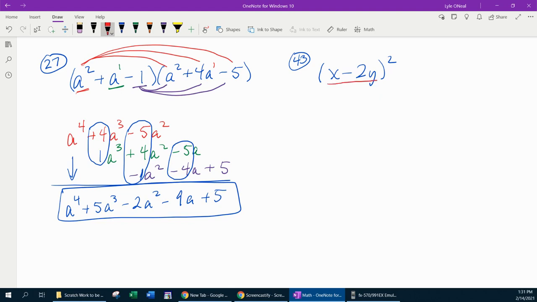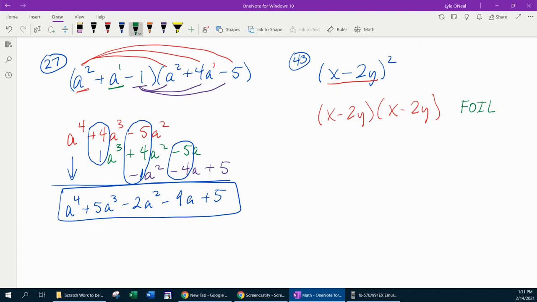So here we're going to have a binomial, x minus 2y times itself. And now we can see that that is a binomial times a binomial. Remember, that's the four-letter F word in math. So we can say curses, foiled again. We're going to have to foil this again.